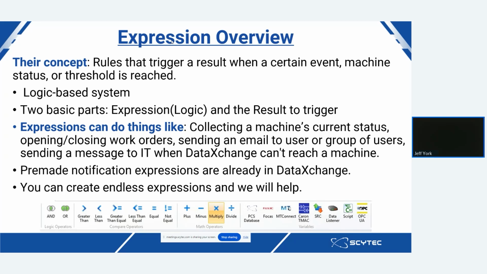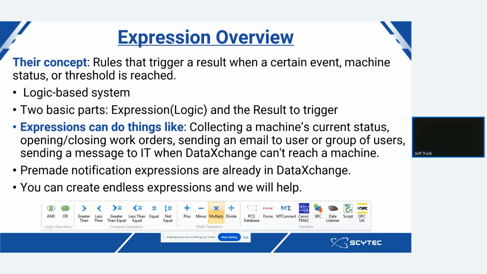Expressions can do things like collecting a machine's current status, opening and closing of a work order, sending an email to a user or user group, and sending a message to IT when data exchange cannot reach a machine that is offline.